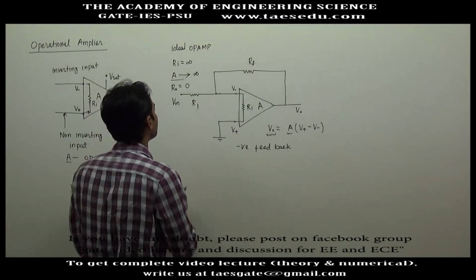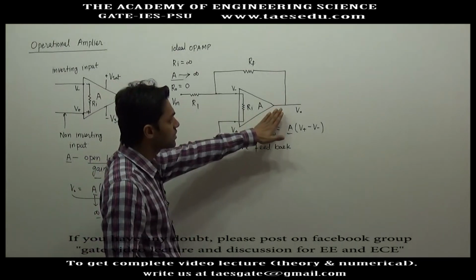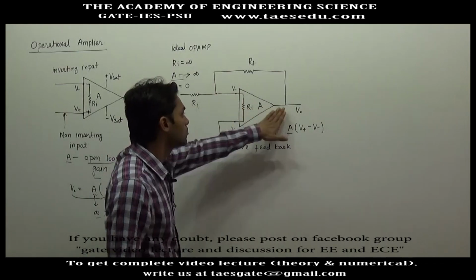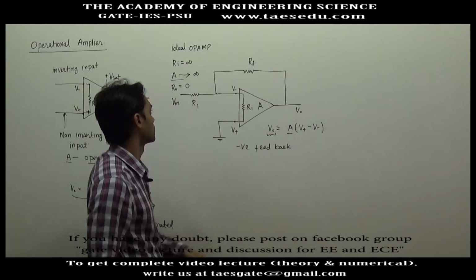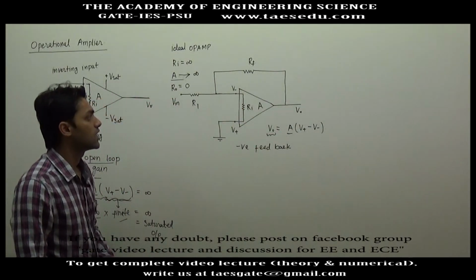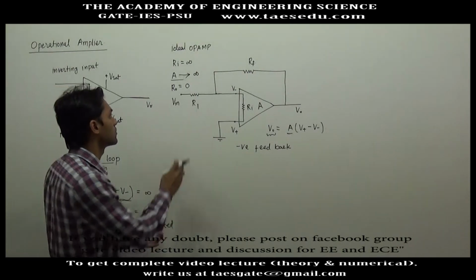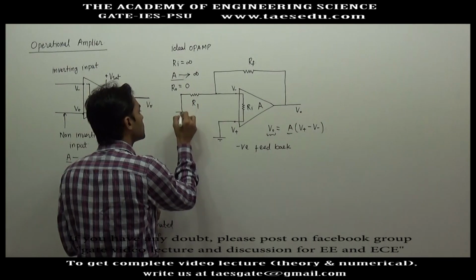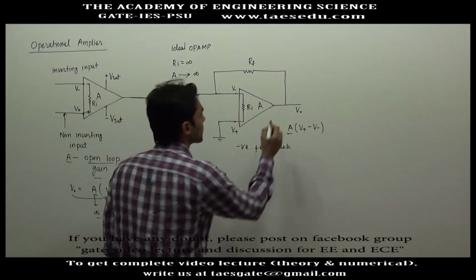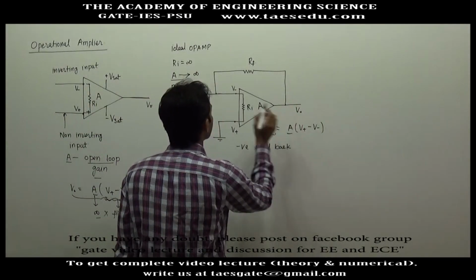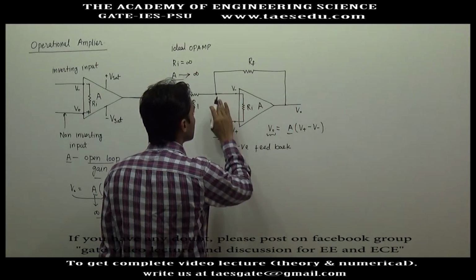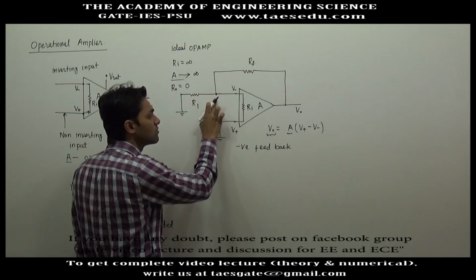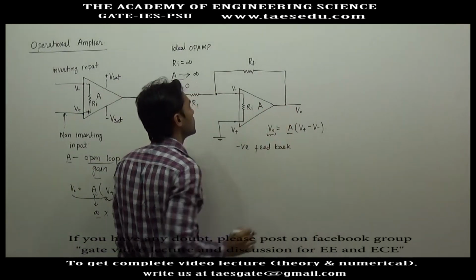So you want to calculate the voltage at this terminal due to the output voltage only. With the help of superposition, we will short this voltage and calculate the voltage at this point. Whatever the voltage at this point, it will be due to the output voltage only.